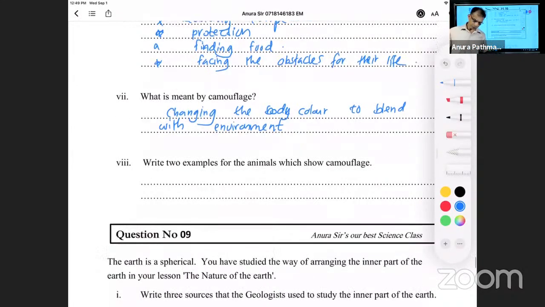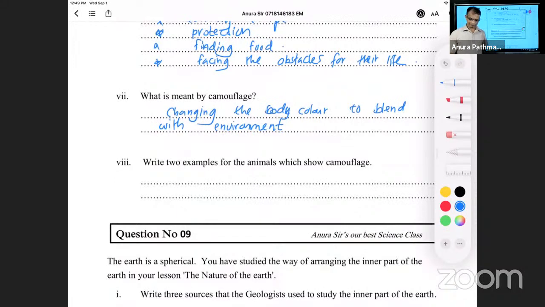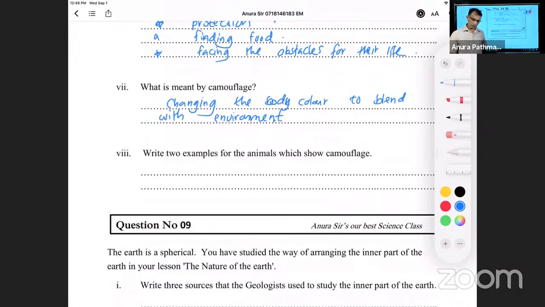Write two examples of animals which show camouflage. Chameleon, lizard, octopus. I don't know how to write chameleon, I will write lizard.